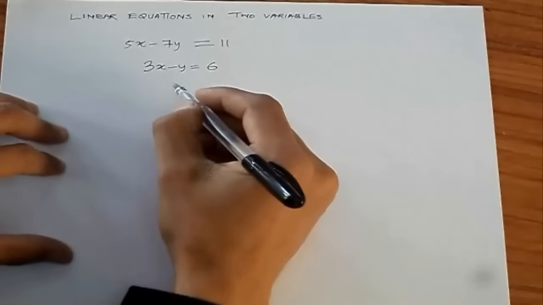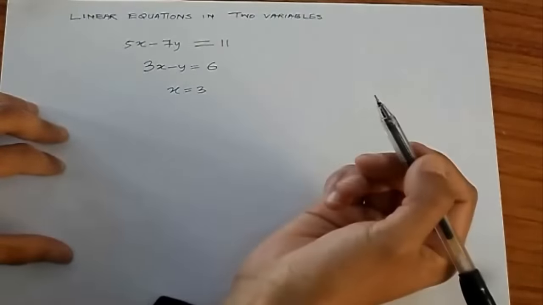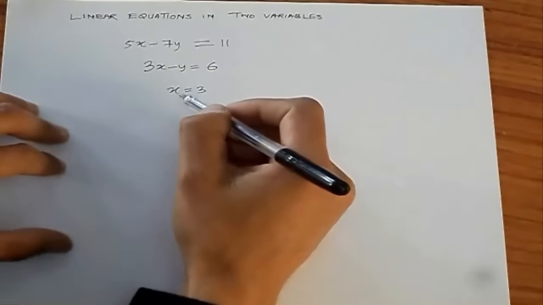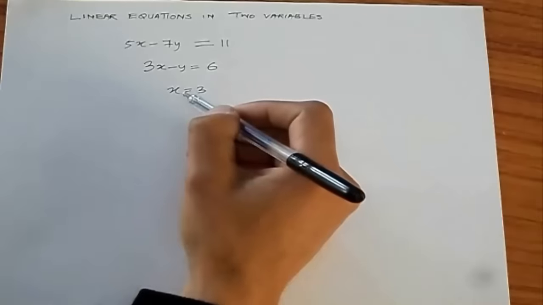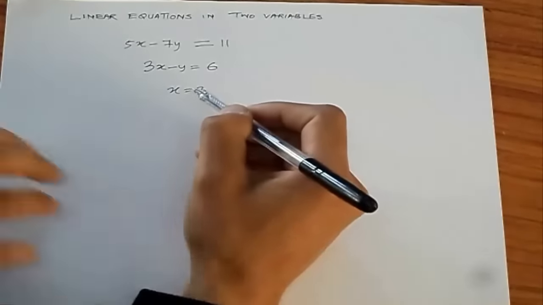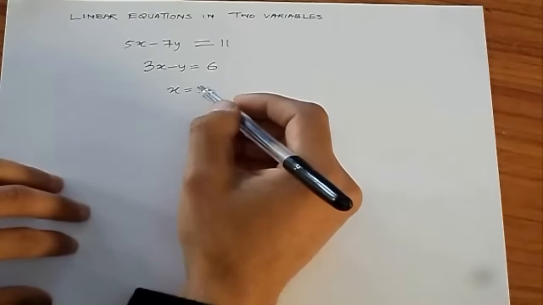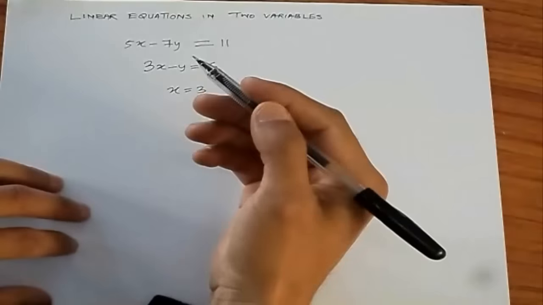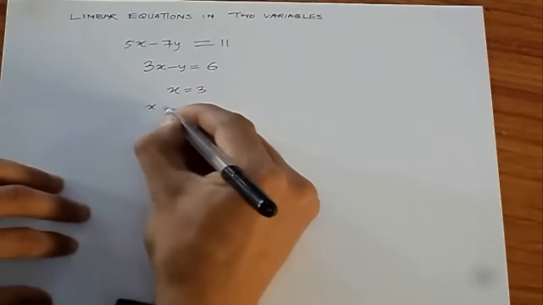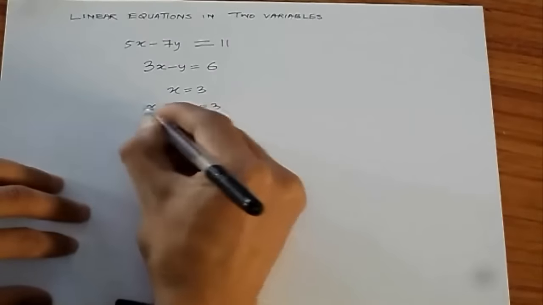Now let's take another example, like x equals 3. This is a linear equation in one variable, because you see only one variable in this equation. We can write this linear equation in one variable as a linear equation in two variables by adding one additional variable, like x plus 0 into y equals 3.